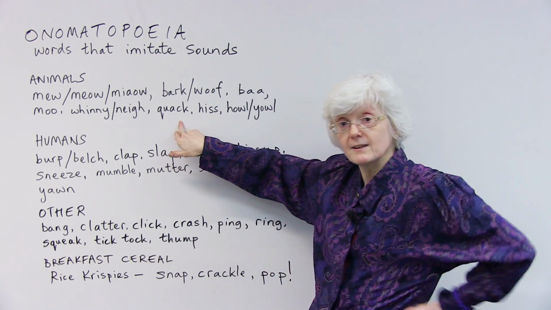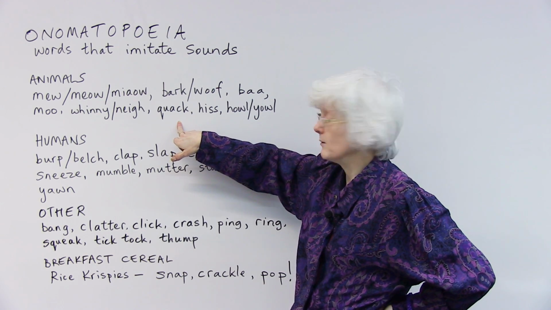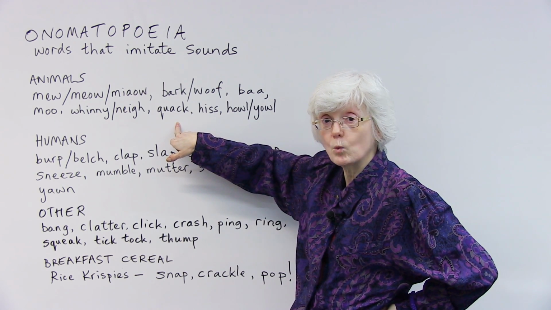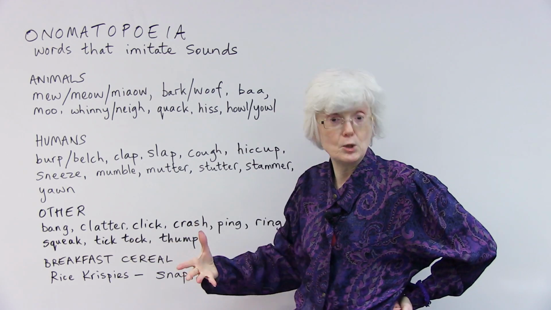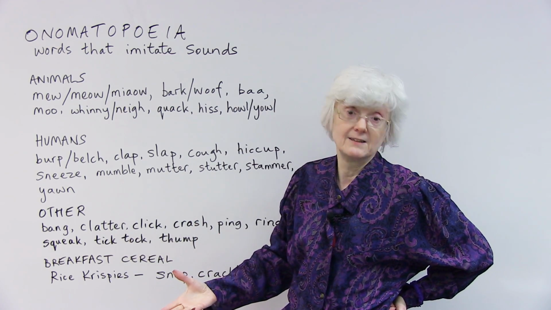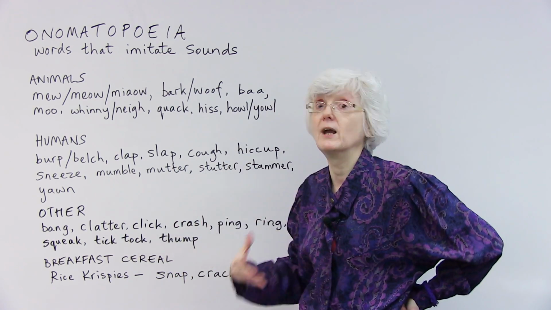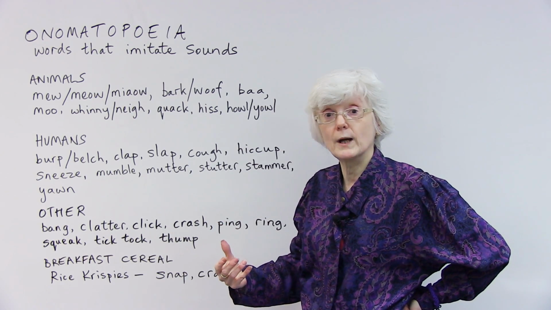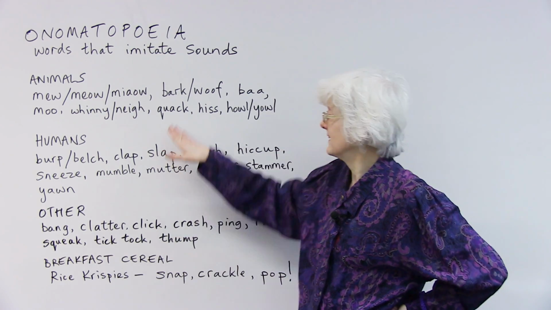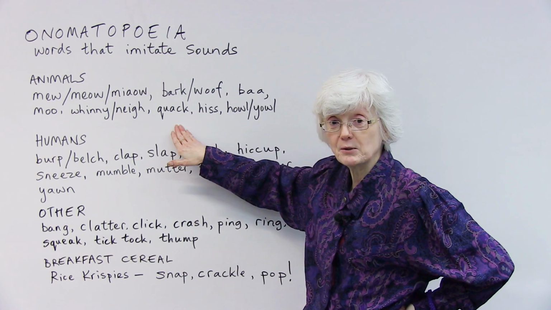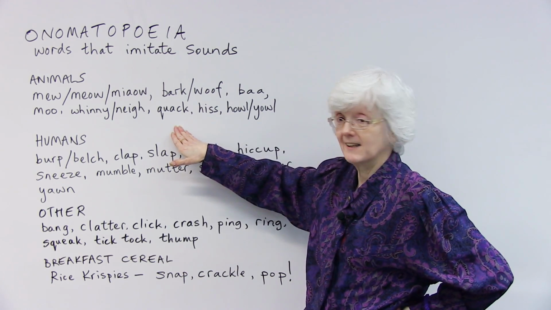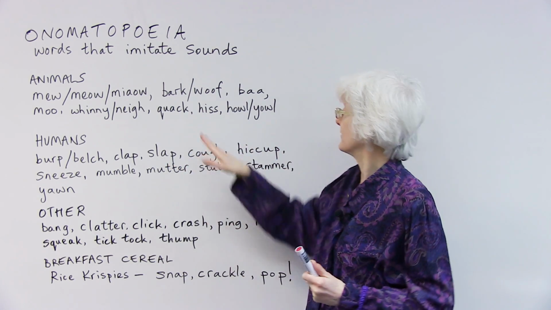Okay, can you guess what makes this sound? Quack, quack. In normal speech, you just say quack, but you can make it more like quack, quack, quack, quack. That's a duck, okay? A duck, a bird, right?